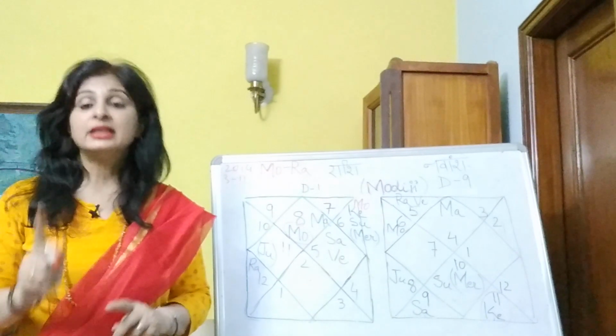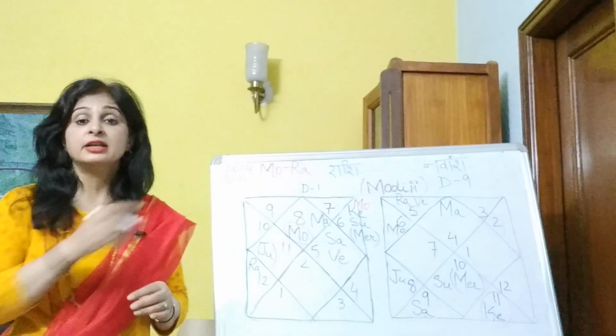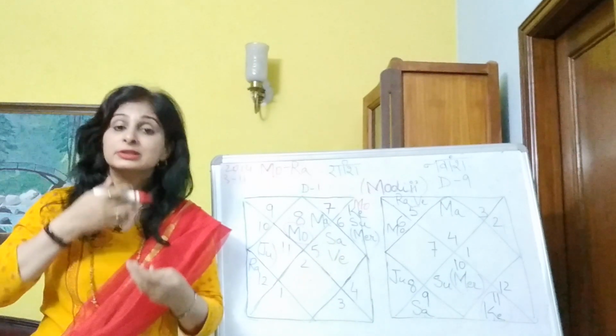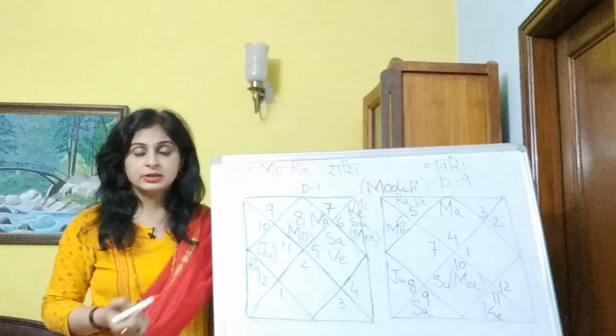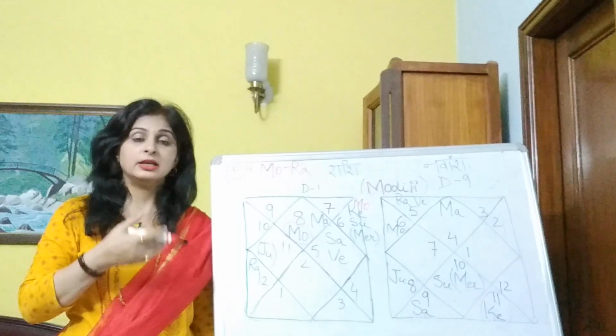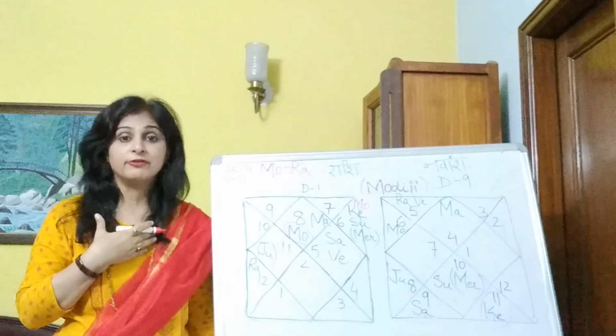Now the second thing that we have to see, which is very important, is what results the native is going to get with respect to the Lagna. Lagna is the person himself. With respect to Lagna, Moon is in the Lagna itself, so the native is going to get results related to his own self.